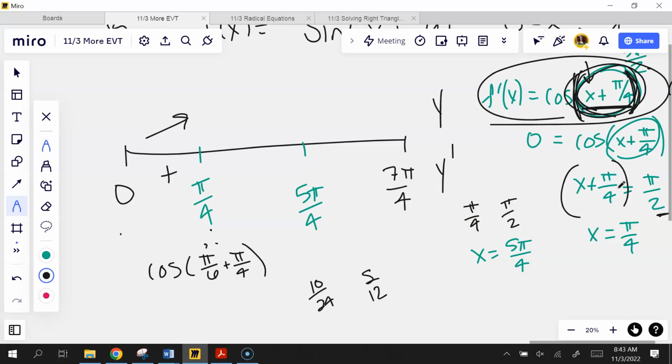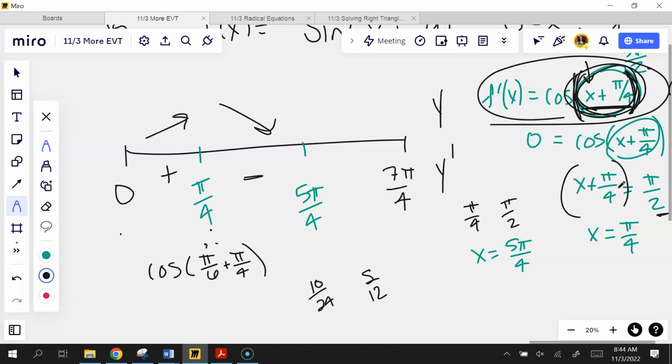But now if I go between pi over 4 and 5 pi over 4, but I click everybody over a pi over 4, well, I'm suddenly from here to here. And cosine is what there? Negative. That whole side is negative there.